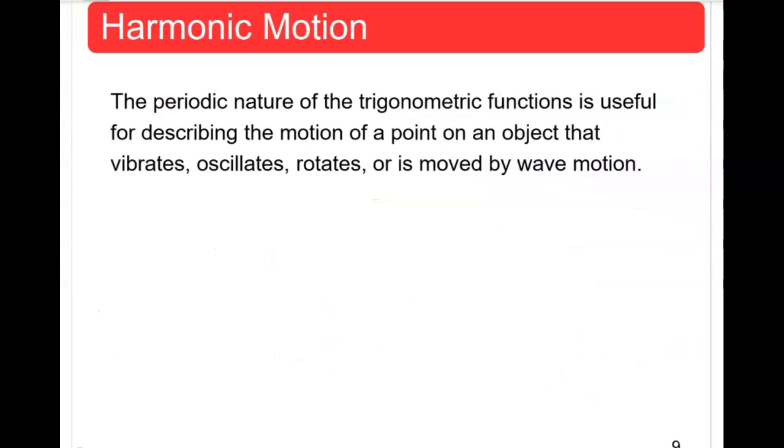Harmonic motion. The periodic nature of the trigonometric functions is useful for describing the motion of a point on an object that vibrates, oscillates, rotates, or is moved by a wave motion.